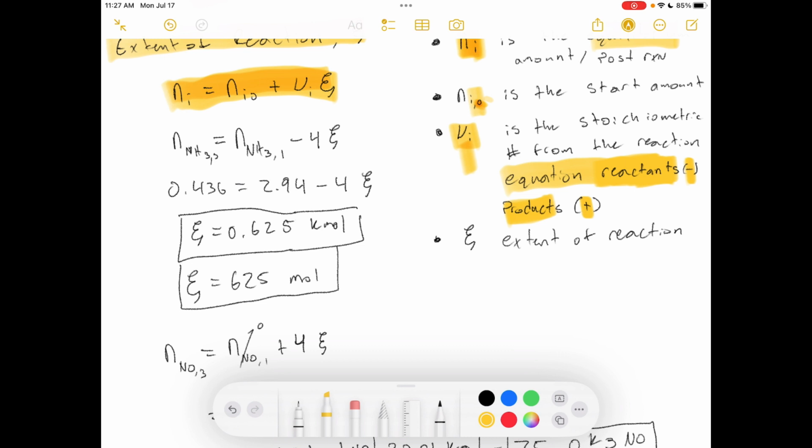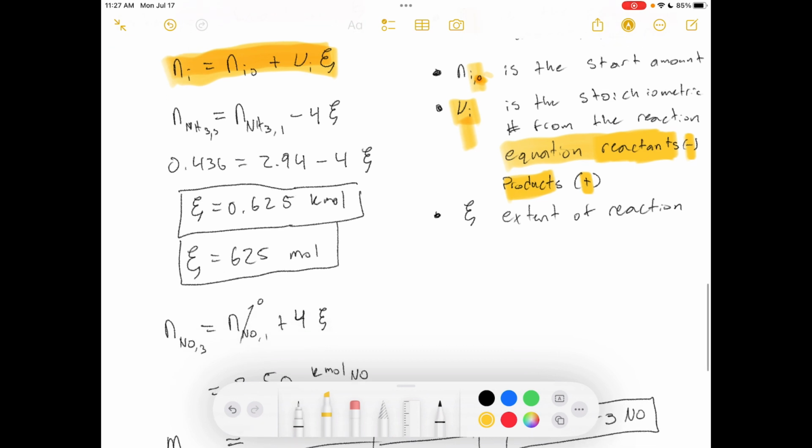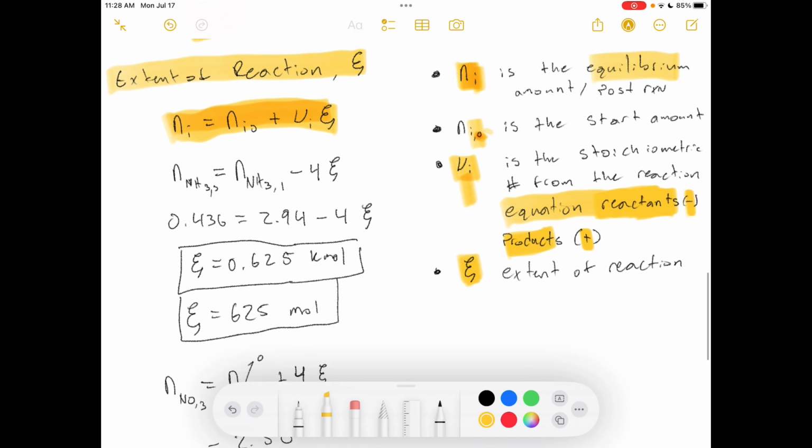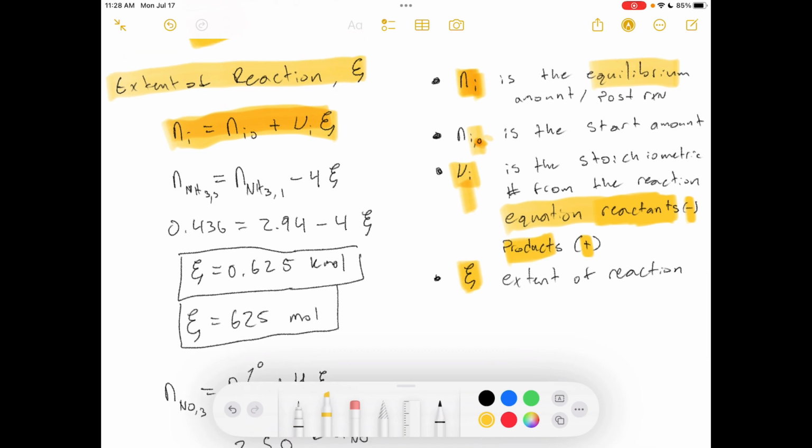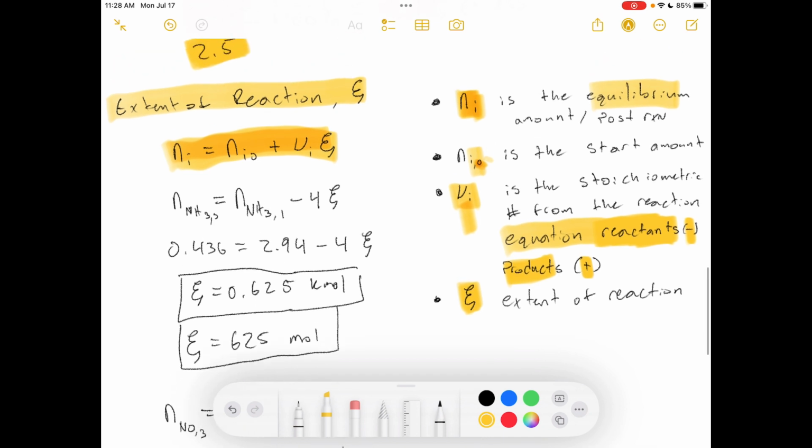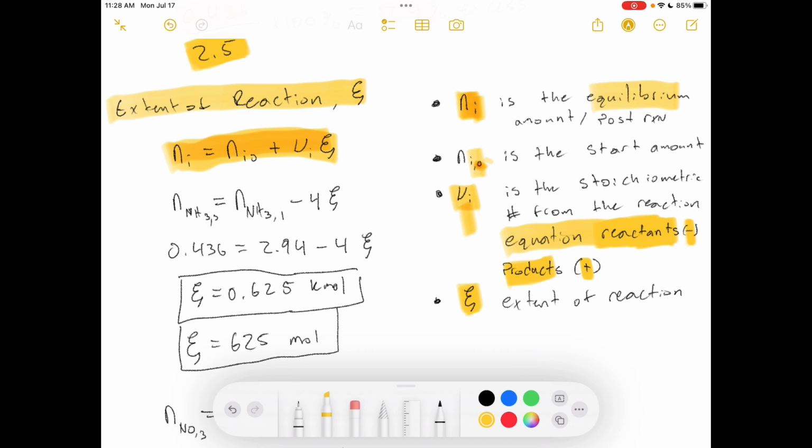If it's on the reactant side, it is negative. This symbol is like an epsilon. I can't remember what it's called, I think it's an epsilon, could be totally wrong, I'm not super familiar with my Greek. But it's a Greek letter, and we use it to represent the extent of reaction.